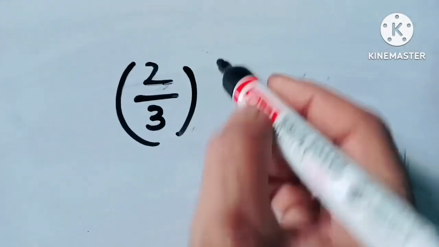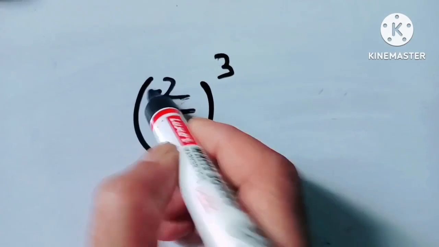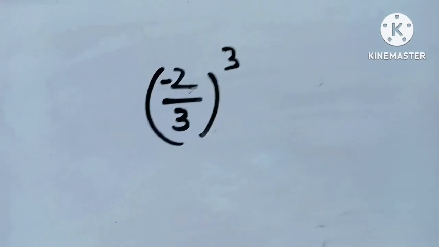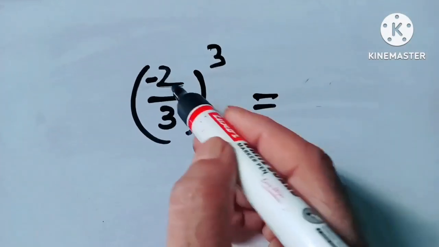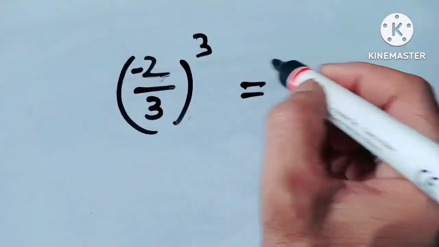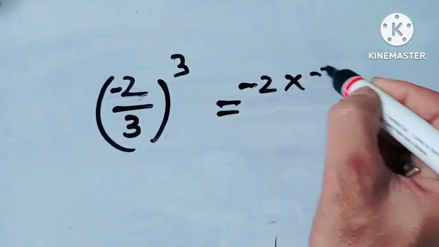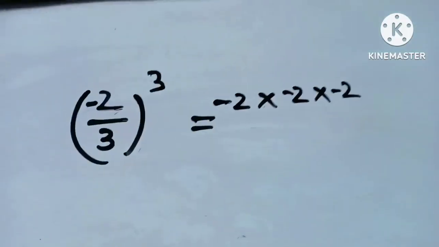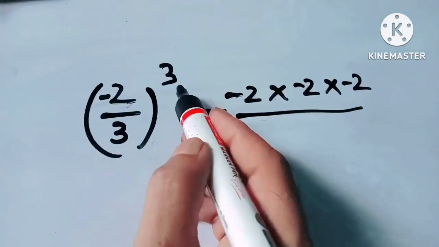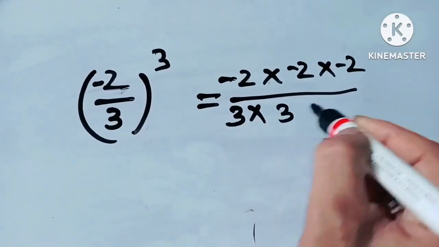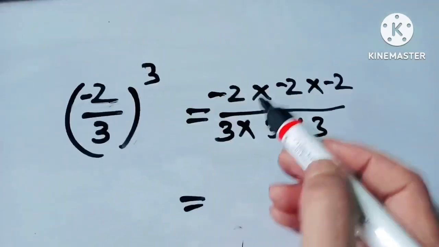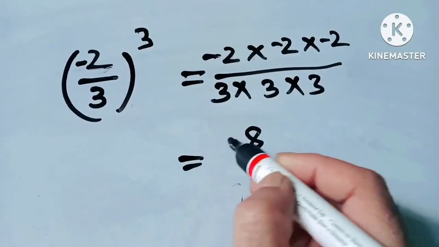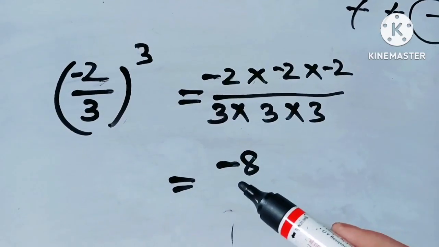Now we will solve a negative fraction with power 3. That means (minus 2 by 3) to the power cube. Here we write minus 2 three times by itself: minus 2 multiply minus 2 multiply minus 2 by 3 multiply 3 multiply 3. Now if we multiply 2 by itself 3 times, it gives minus 8.